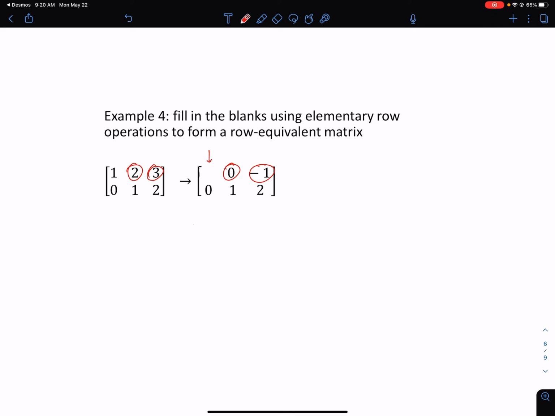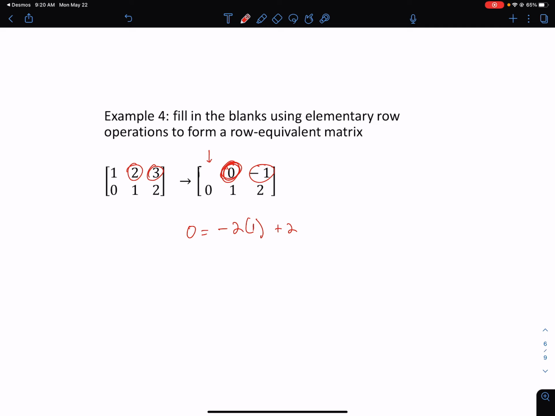Let's look at what we did here: -2 times 1 plus 2. That looks like what we can take to get this 0.